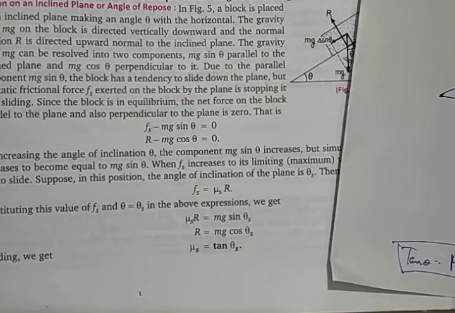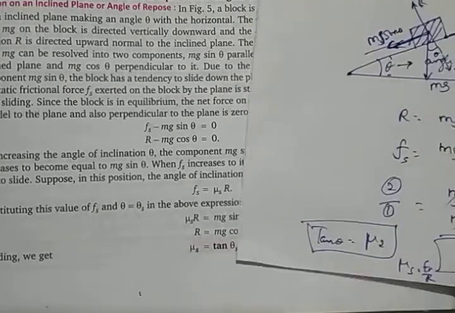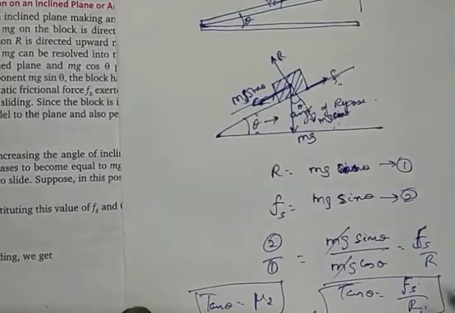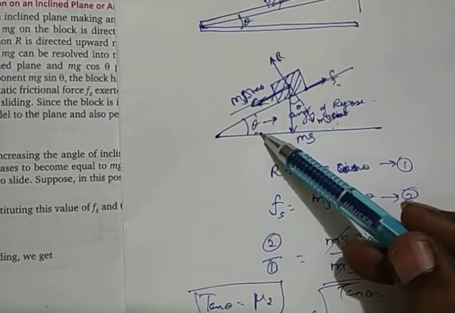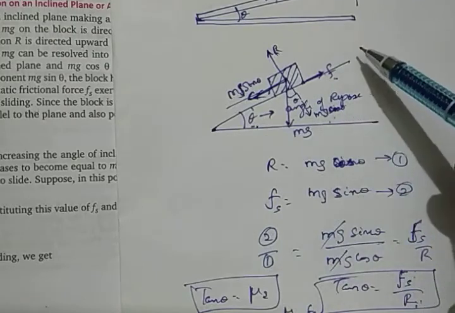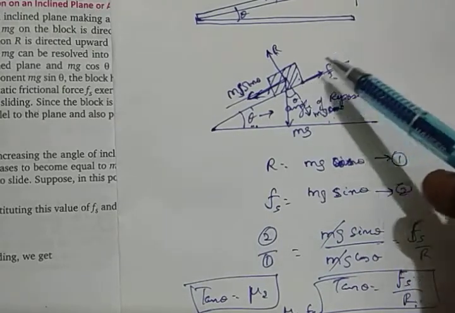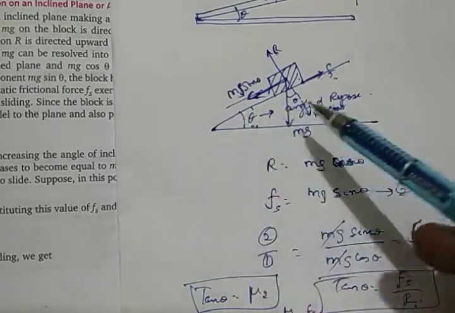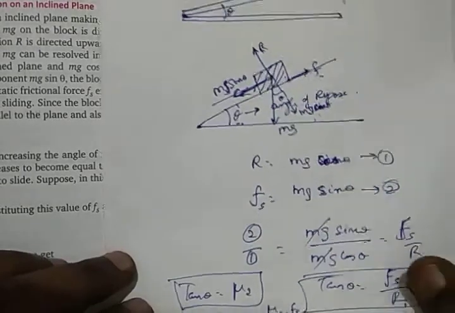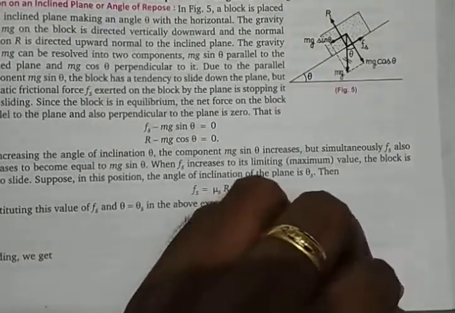You can read this and make a short note of it. Please write down: angle of repose is the angle the inclined plane makes with the horizontal when the body is on the verge of moving down. Then that is called the angle of repose. And the next part is rolling friction.